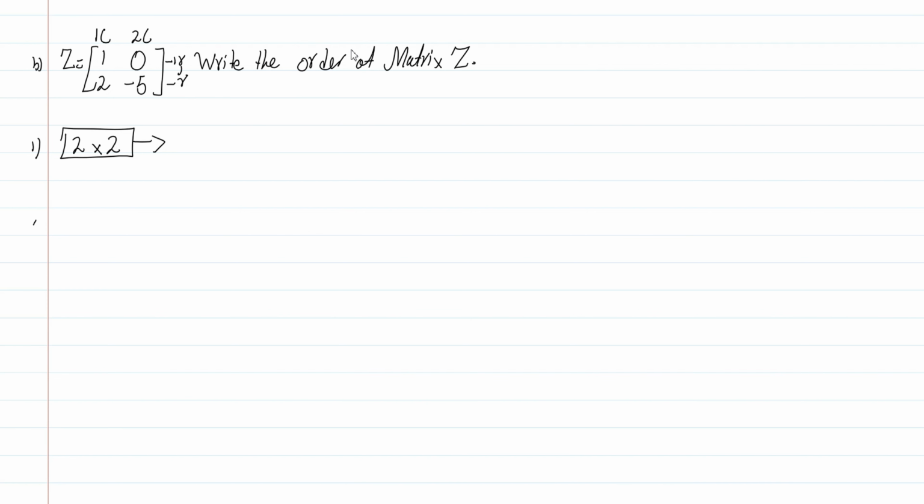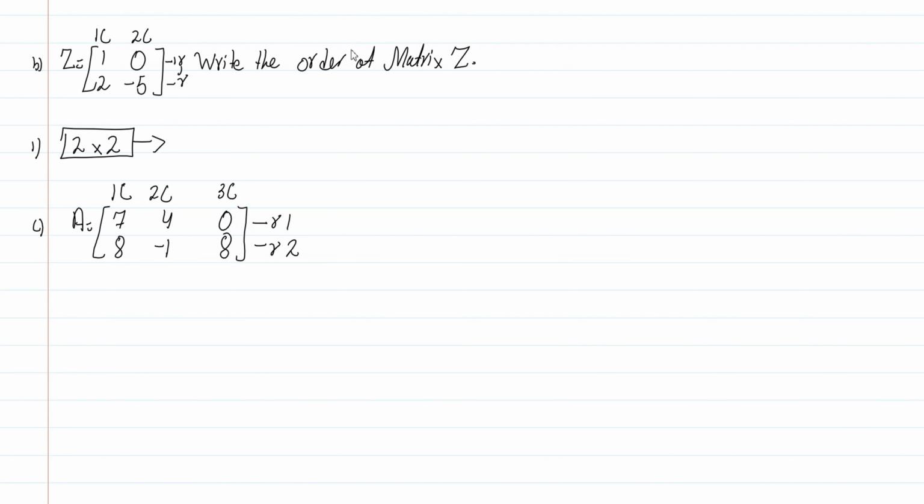Look into another example. In matrix A, there are three columns. Look, one column, two columns, and three columns. And rows are two, one row and two rows.